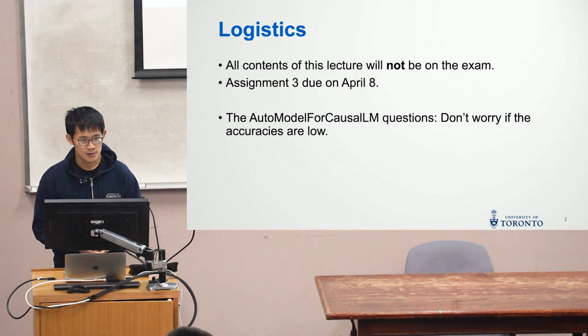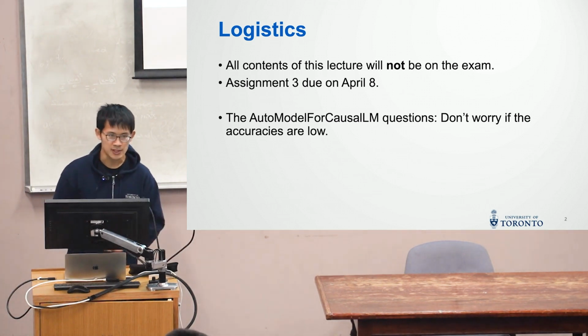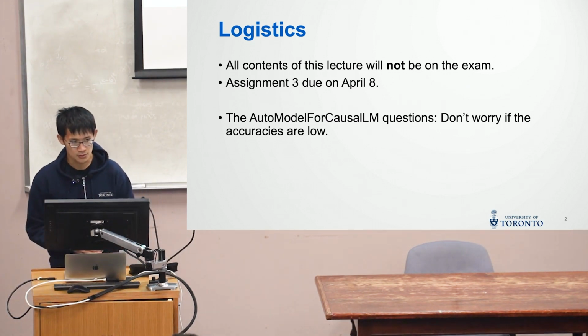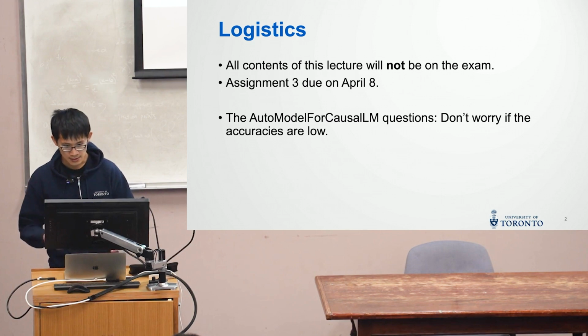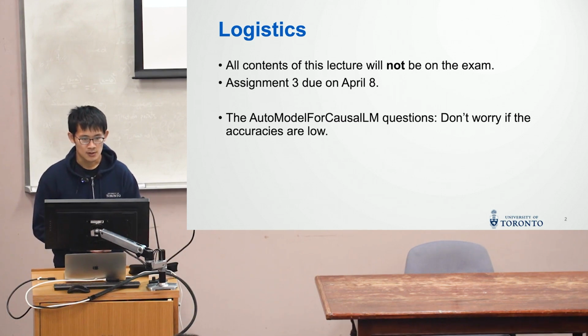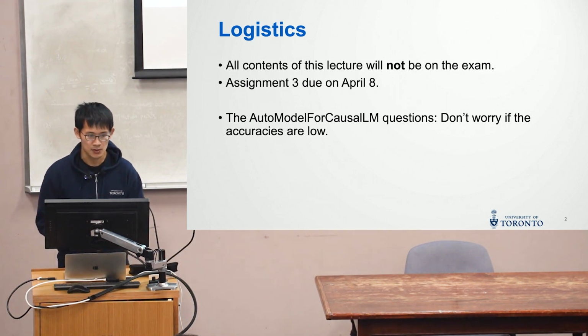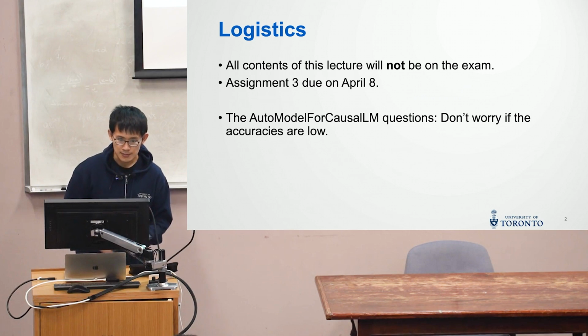But for assignment 3 of this year, we do expect to load the BERT-based case model, and it's actually expected to see some low accuracies. Overall, don't worry if the accuracies are low.